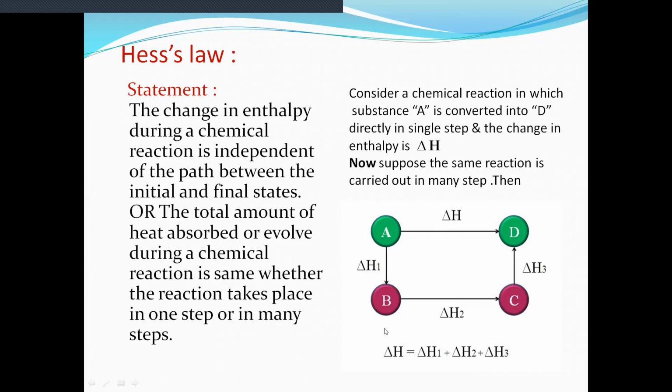A is converted into B, B is converted into C, and C is converted into D. In the first step the enthalpy change is delta H1, in the second step delta H2, and in the third step delta H3. Then what we find, according to Hess's law, is that delta H is equal to delta H1 plus delta H2 plus delta H3.